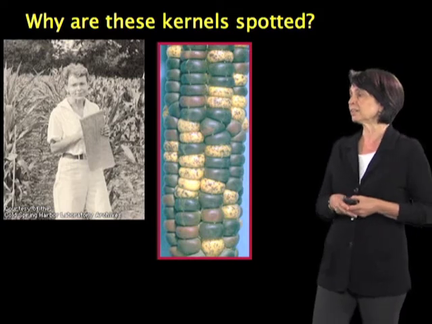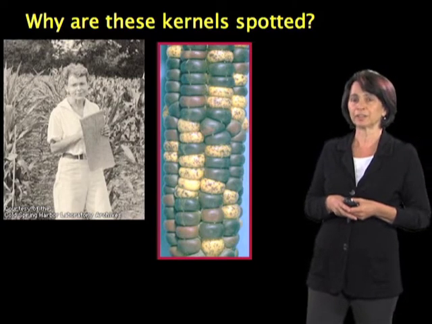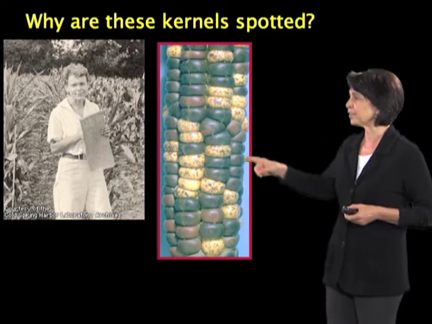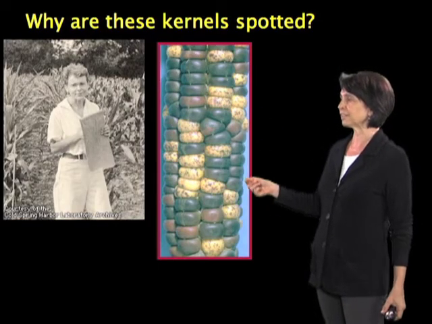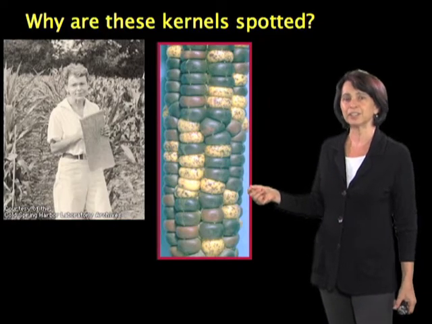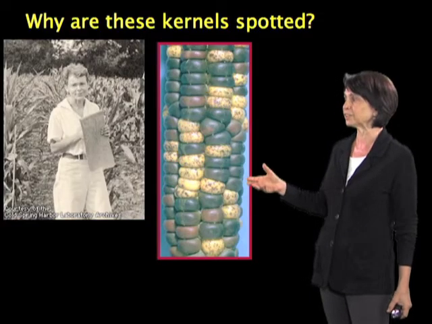So McClintock asked a very simple question, and this question is really at the heart of this talk and the next talk. And that is, why are these corn kernels spotted? Now, many of you may recognize this corn, although it doesn't look like the corn you eat, as the corn that you see during Thanksgiving. It's usually hanging up in supermarkets. It's known as Indian corn.